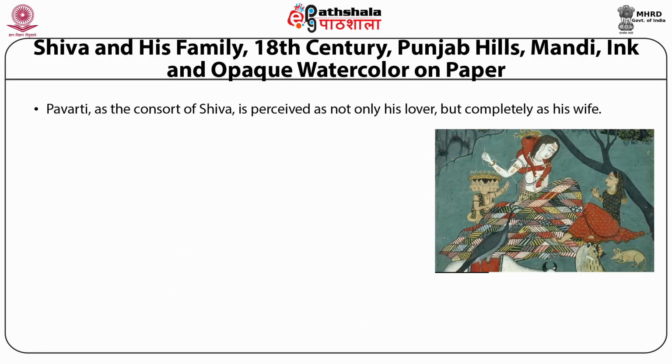Parvati, the consort of Shiva, is perceived as not only his lover but completely as his wife. Gods were often depicted in mortal settings, like the love scenes of Krishna and his consort Radha.